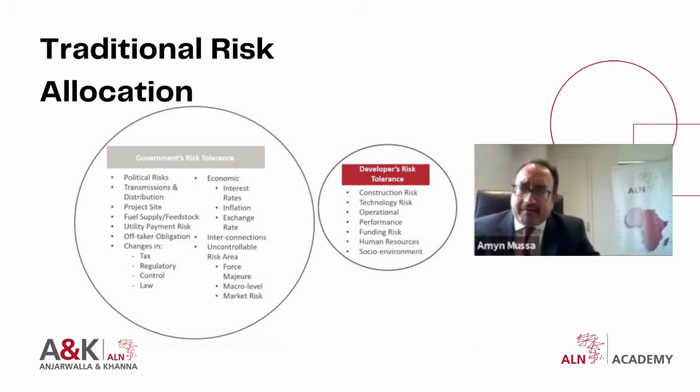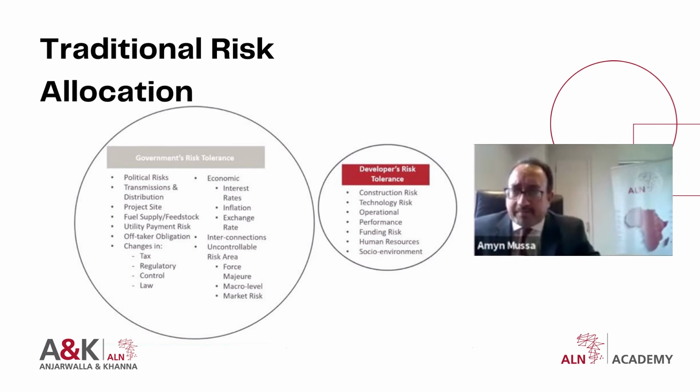Political risk typically involves things like expropriation by government, actions of government that potentially frustrate or kill projects, change in law events, change in tax events, and therefore you will typically have a fairly hard-nosed negotiation with government about what constitutes political risk, which portion of political risk will the government bear, which portion of political risk will the private party bear, and can that private party pass on that risk to a third party like an insurer.